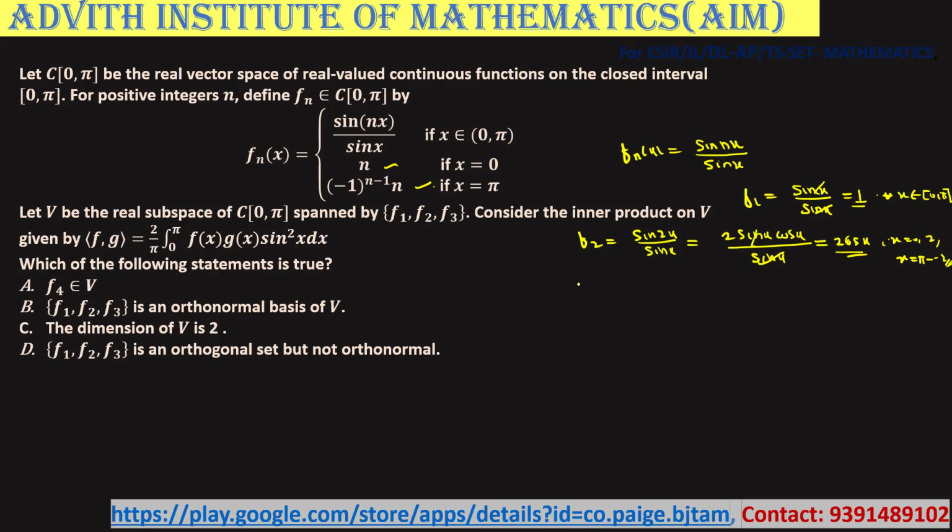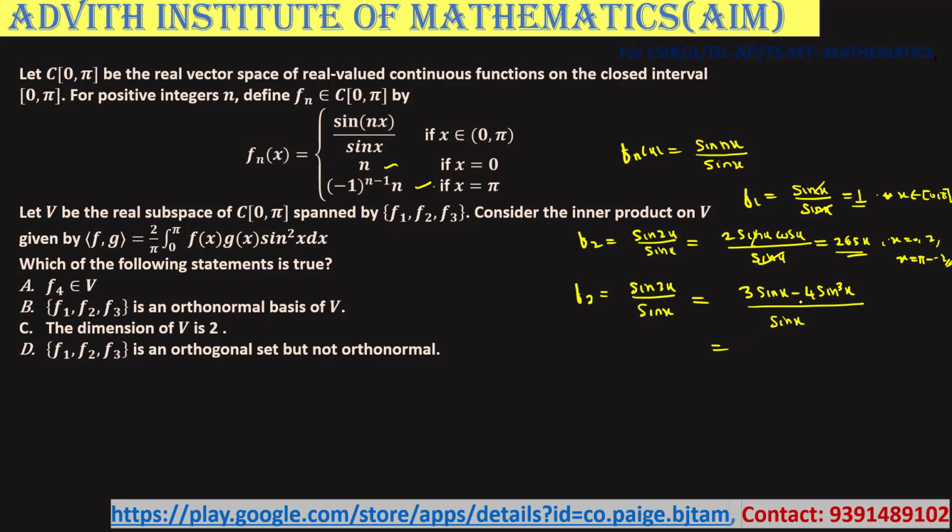What about f3? f3 is equal to sin 3x by sin x. What is the sin 3x formula? 3 sin x minus 4 sin cube x, right? So which is equal to 3 sin x minus 4 sin cube x by sin x.